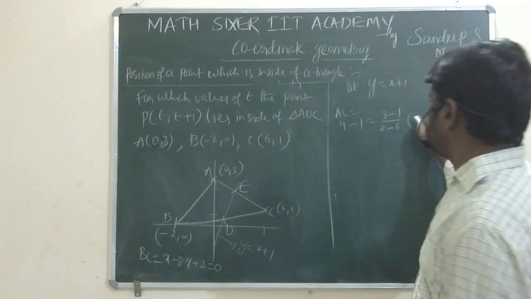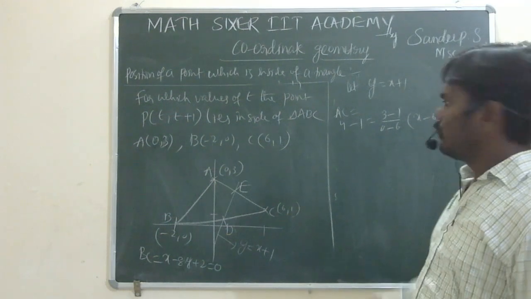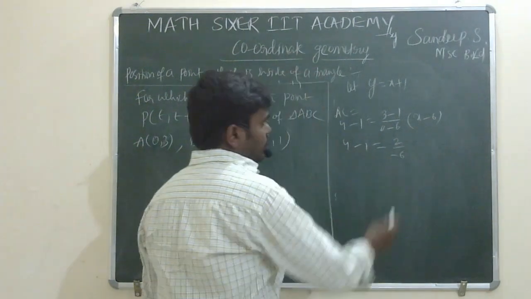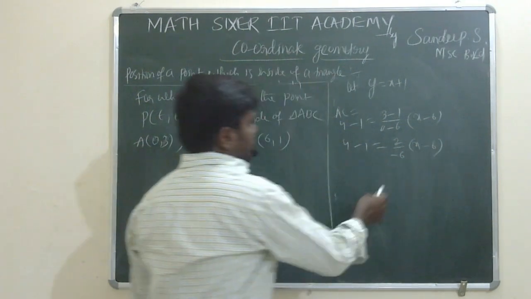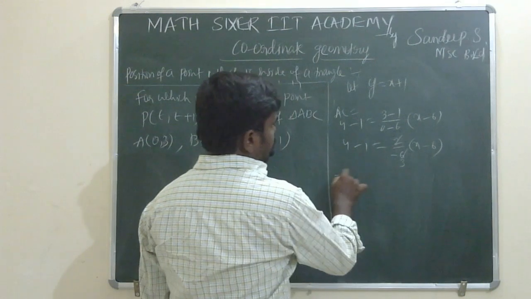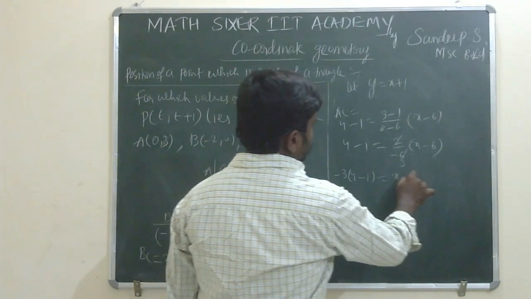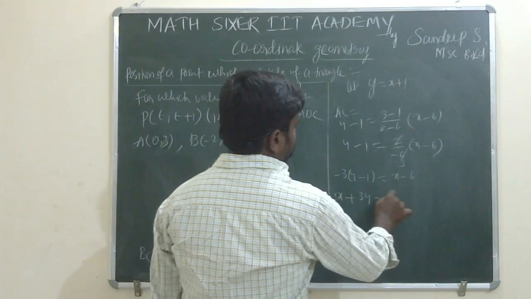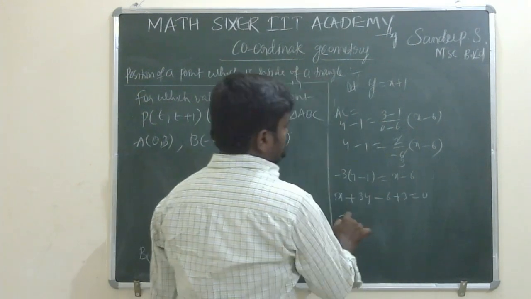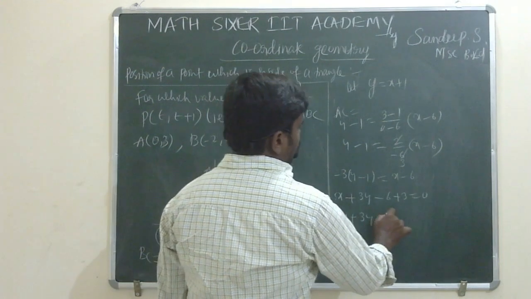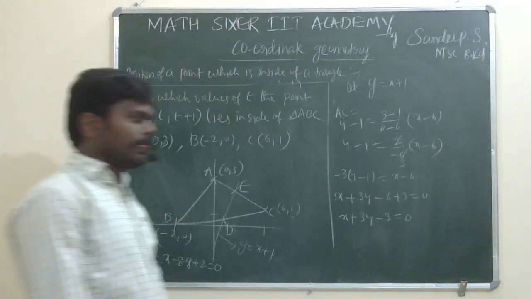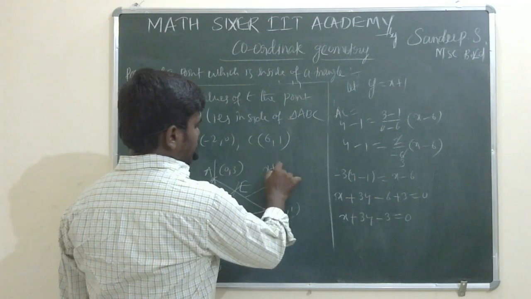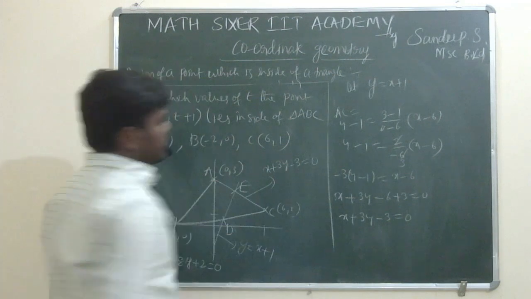When simplifying, y minus 1 equals (3 minus 1) by (0 minus 6) into (x minus 6), which gives minus 3 into (y minus 1) equals x minus 6. Simplifying, x plus 3y minus 6 plus 3 equals 0, hence the equation is x plus 3y minus 3 equals 0. Okay, so this is the AC equation: x plus 3y minus 3 equals 0.